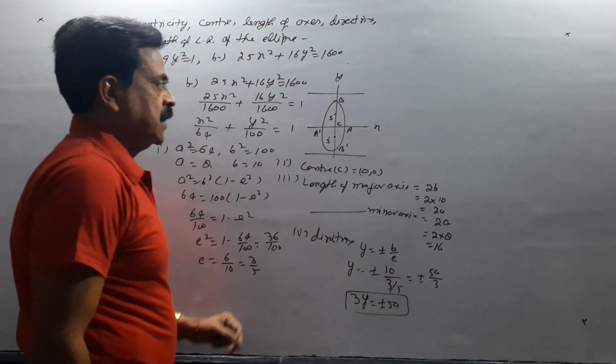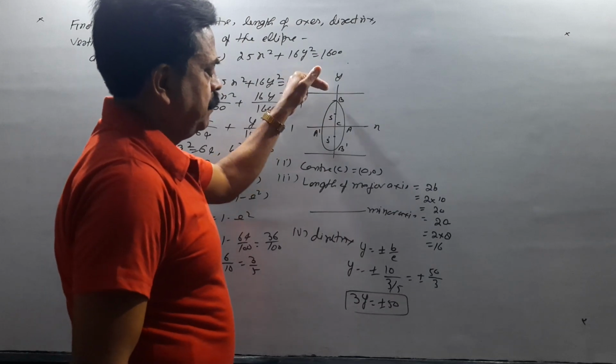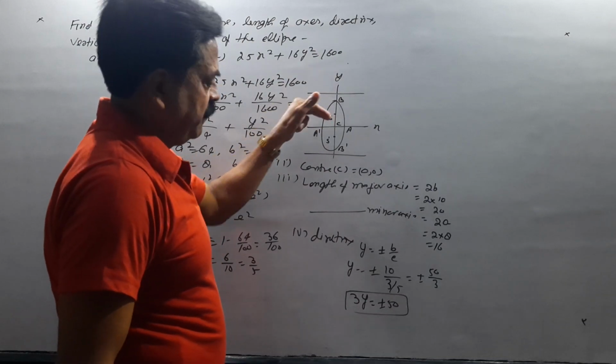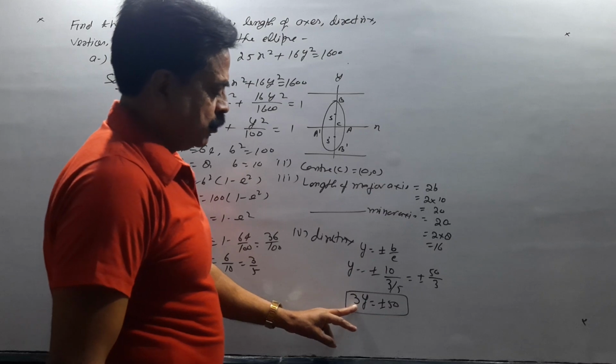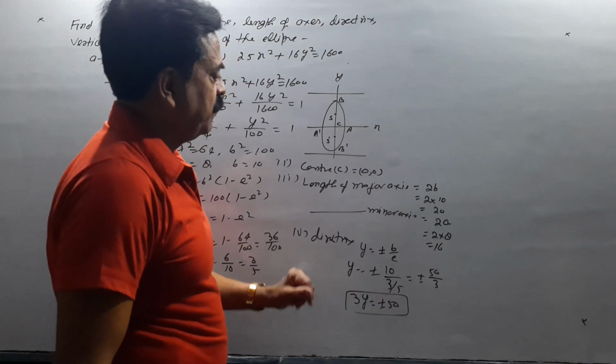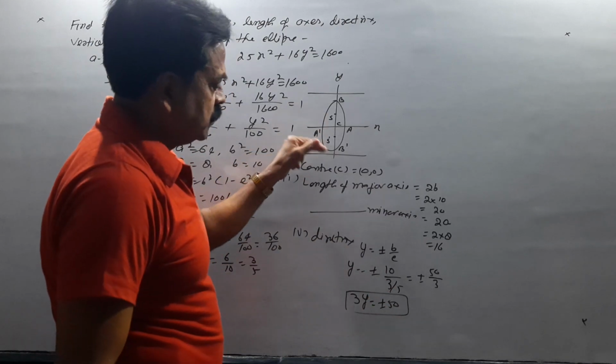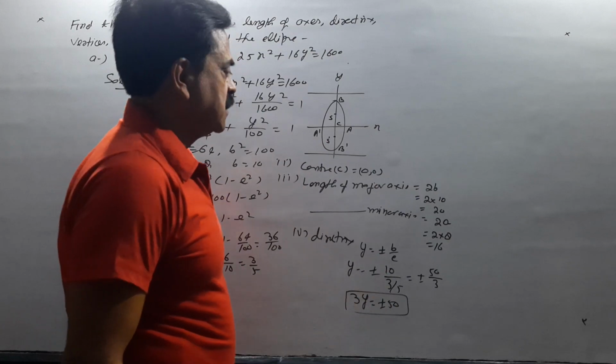Equation of directrix: there are two directrices, above the center and below the center. Above the center the equation is 3y equals plus 50, and below the center 3y equals minus 50.